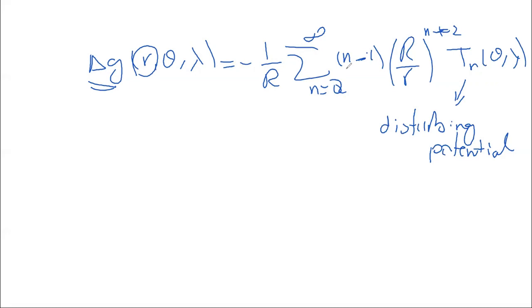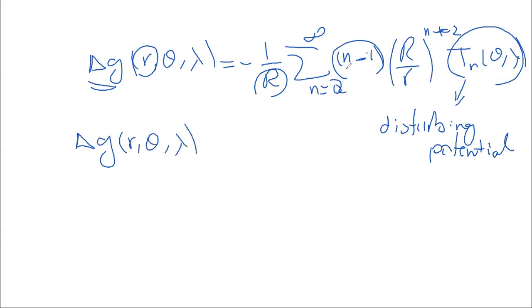So if I consider Tn, n minus 1 and r together, simply I can write delta g at the level r will be summation from 2 up to infinity. Oh, there's no minus here, sorry.